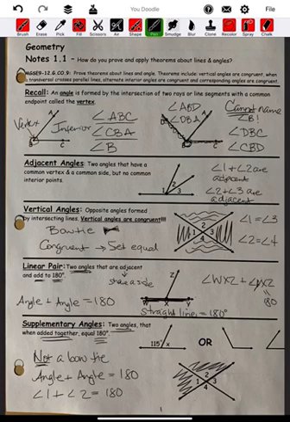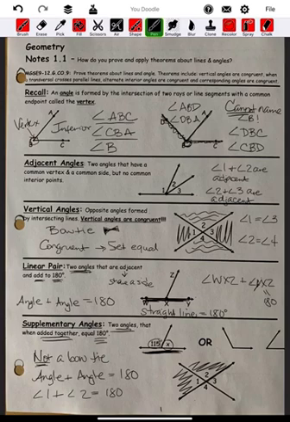Okay? So I have an example up here where it has 115 and x. Now remember, these two angles share a base that forms a straight line, so they're a linear pair. And if they're a linear pair, that means they add to 180 degrees. We know that one angle is 115 degrees, and the other angle is represented by x.